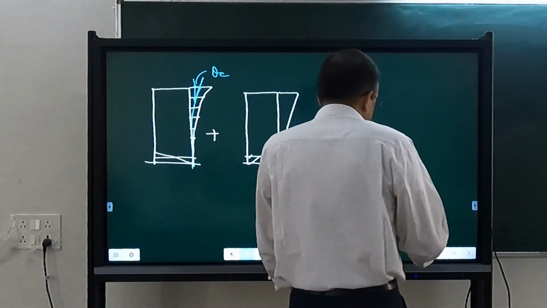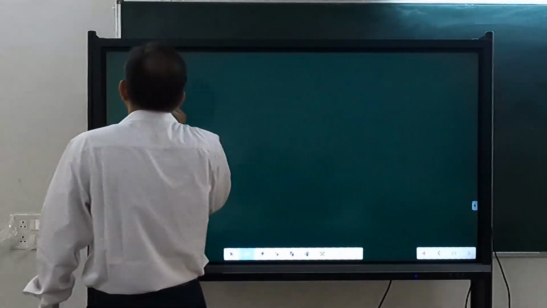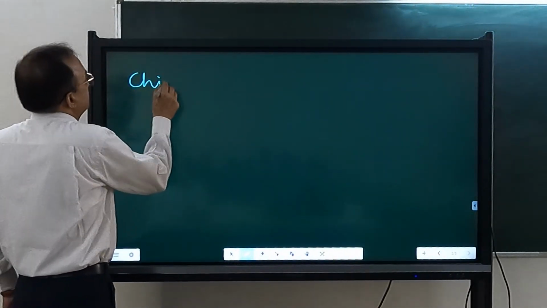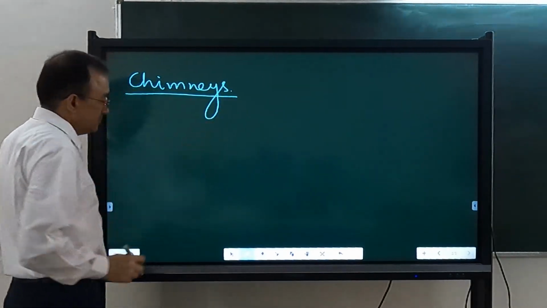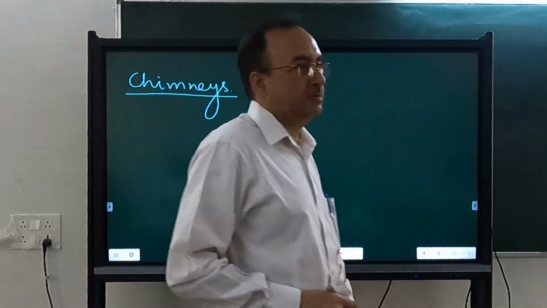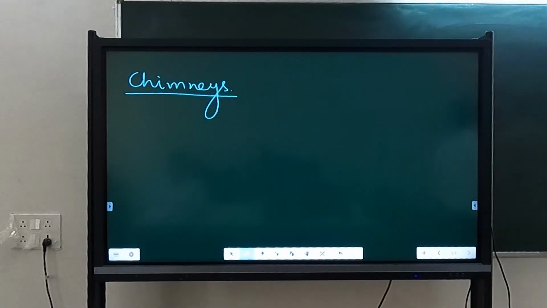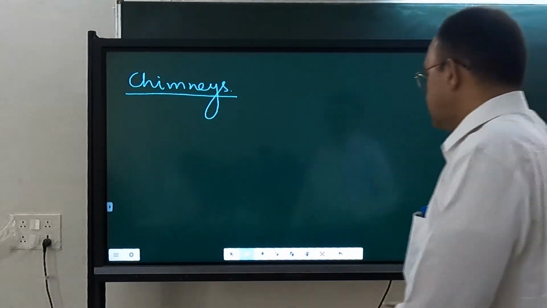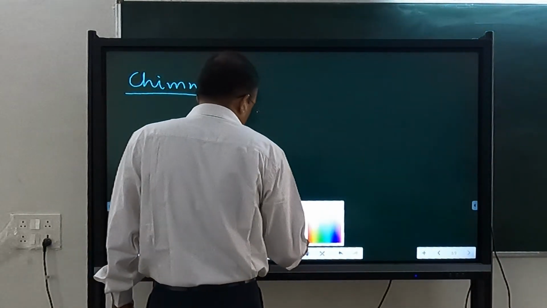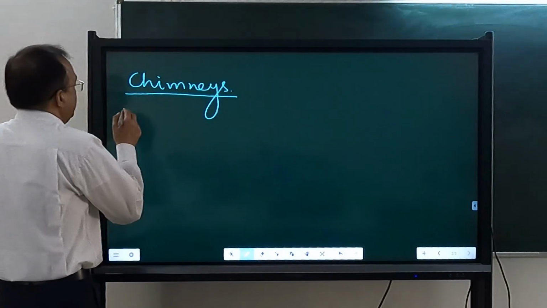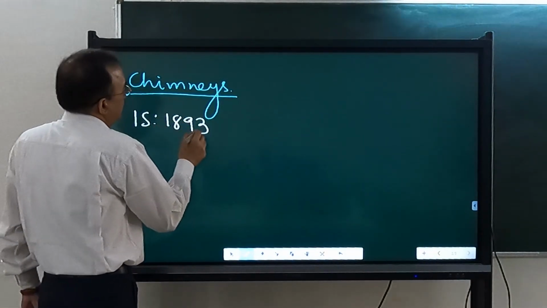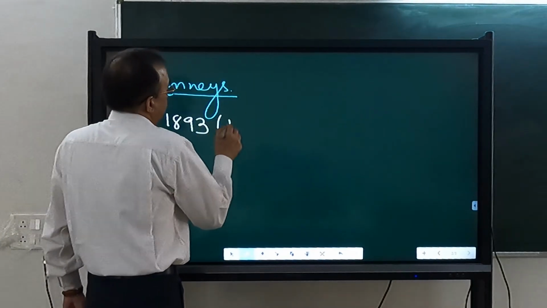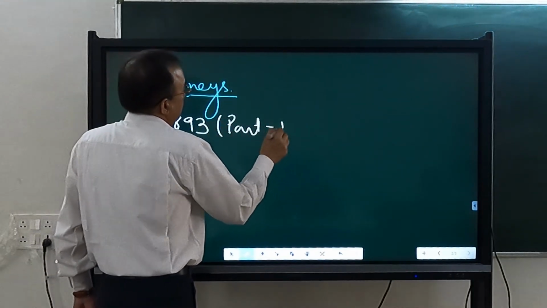So, can we go forward to chimney? Chimney is one very common industrial structure, and the earthquake resistant design of chimneys is governed by IS 1893 part 4.